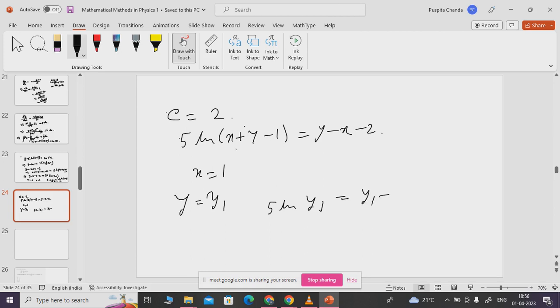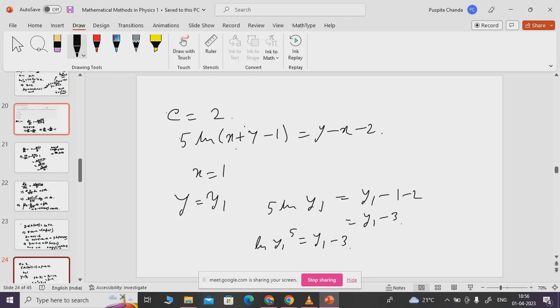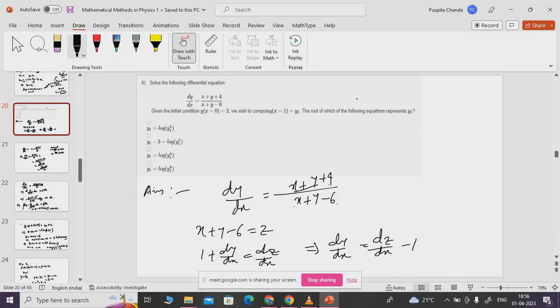So 5 ln y1 plus 1 minus 1 is equal to y1 minus 1 minus 2, say y1 minus 3. So it is ln y1 to the power 5 is equal to y1 minus 3. This is the root of the equation.